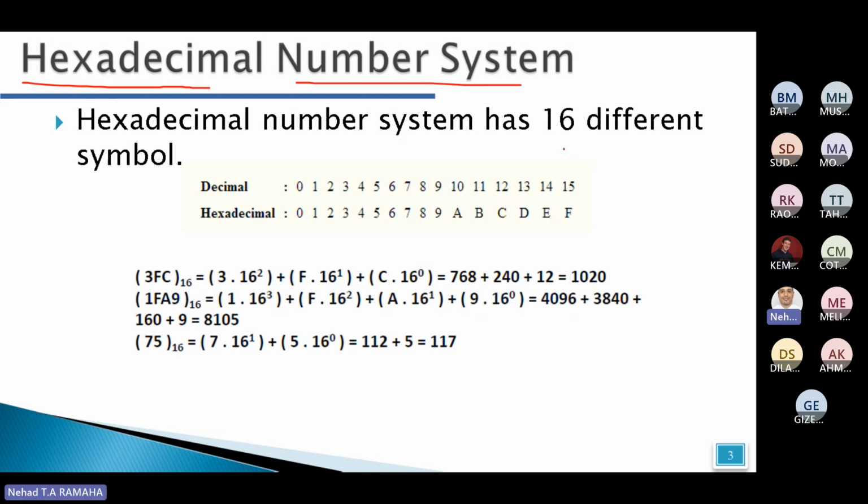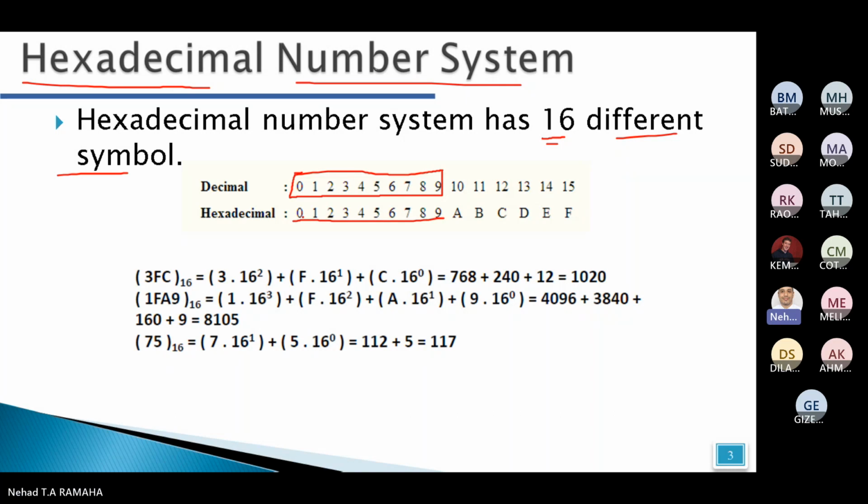Hexadecimal uses 16 different symbols. If we speak about numbers, we know digits from 0 to 9. What comes after this?